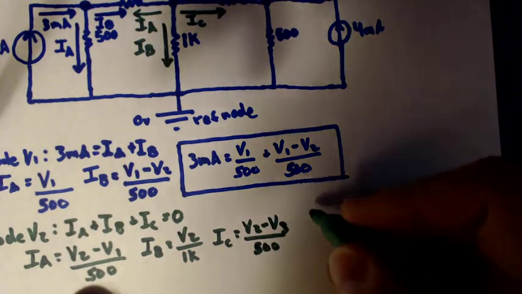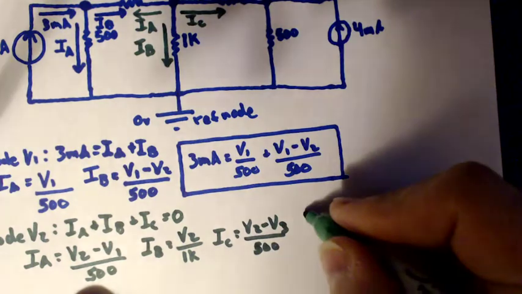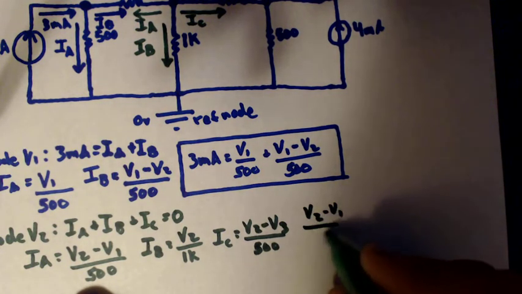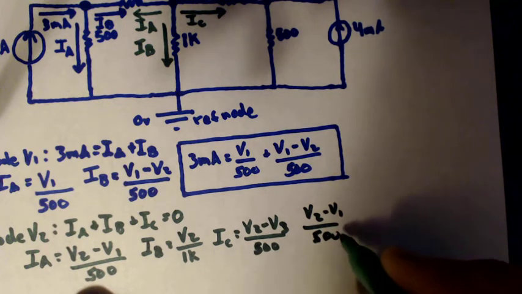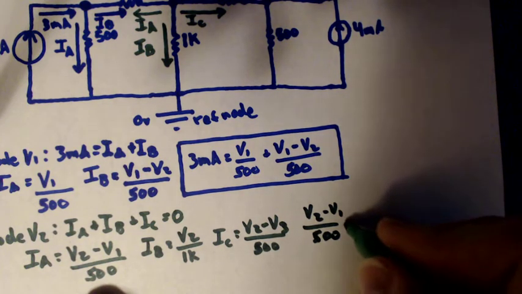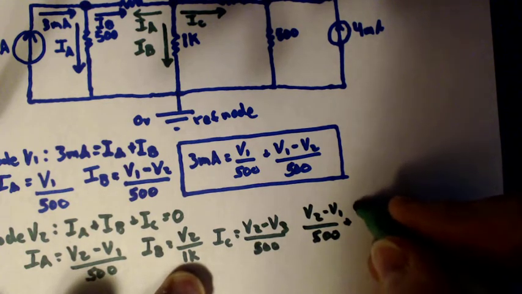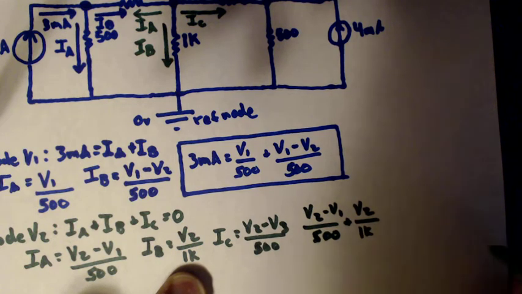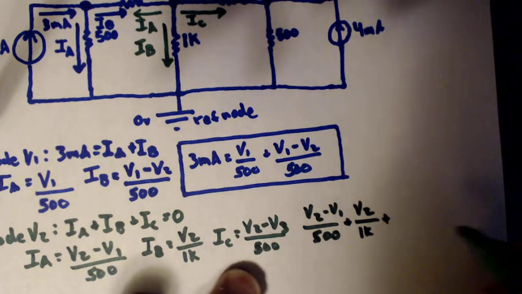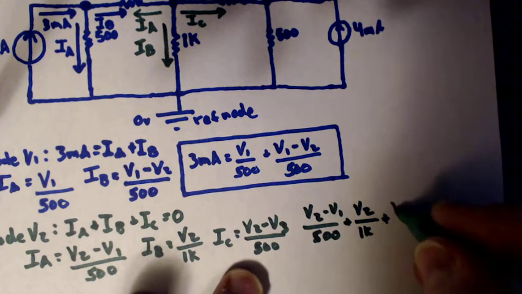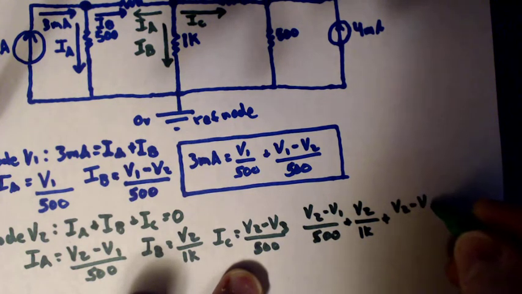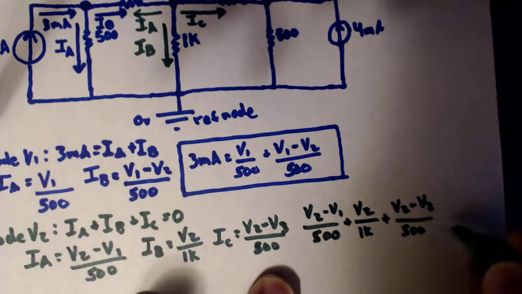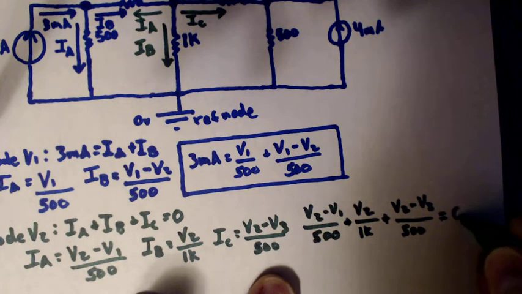Okay, so let's do V2 minus V1 divided by 500 plus V2, this is IB that we're doing now, V2 divided by 1K, plus, now I got to go ahead and write IC, which is V2 minus V3 divided by 500, and all of this is equal to 0.